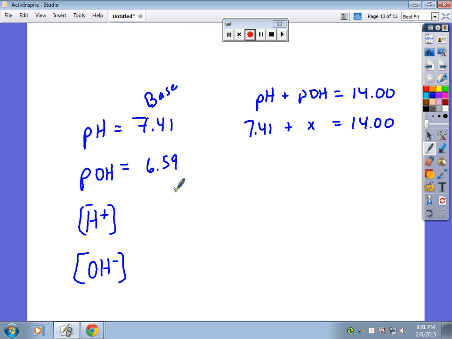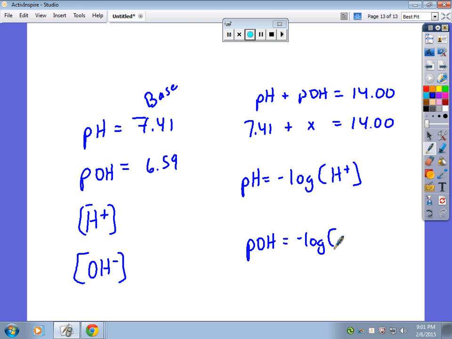Right? Now, what do we know? We know that pH is equal to the negative log of my hydrogen ion concentration, and my pOH is equal to the negative log of my hydroxide ion concentration, correct? Now, what do I know? To get this, I know my pH, don't I? I know this, and I know my pOH.